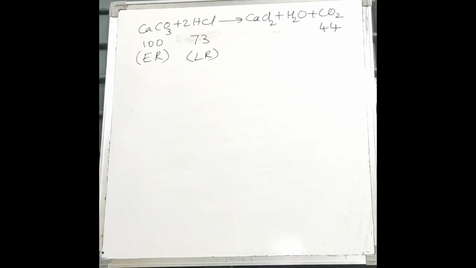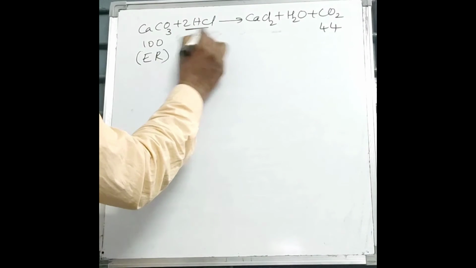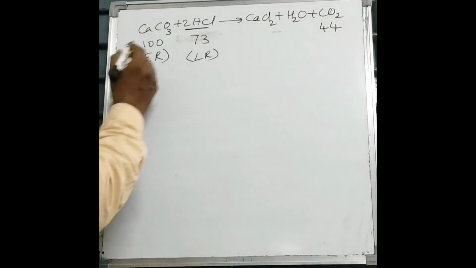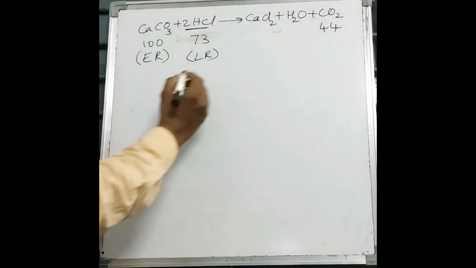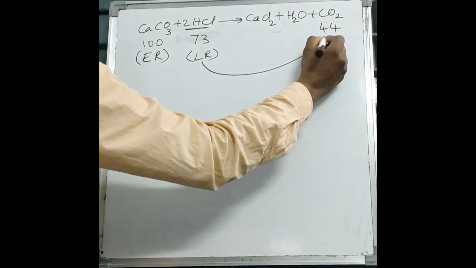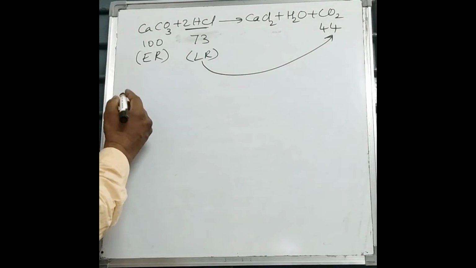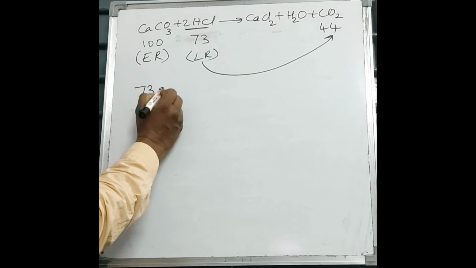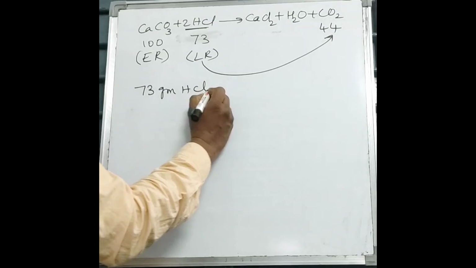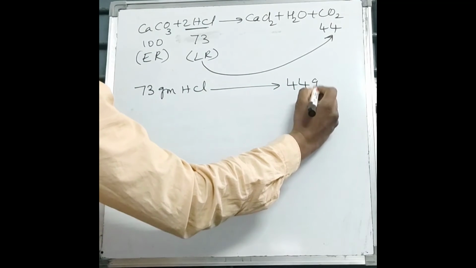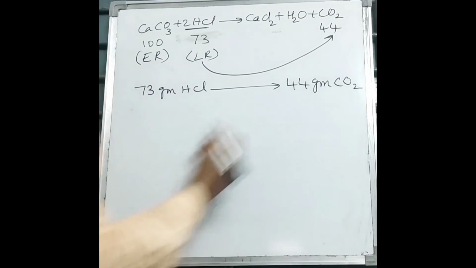In this problem, the limiting reagent is HCl. The excess reagent is calcium carbonate. So the limiting reagent decides the formation of product. According to the equation, 73 grams of HCl produces 44 grams of carbon dioxide.